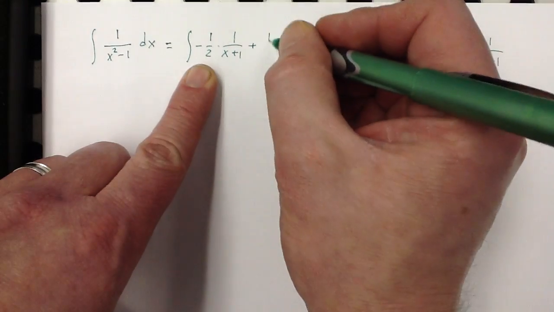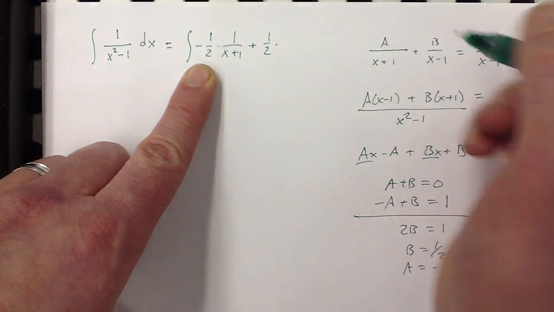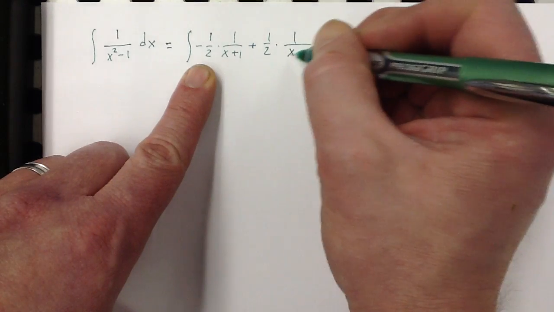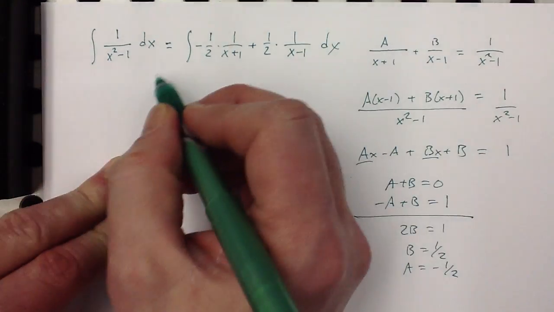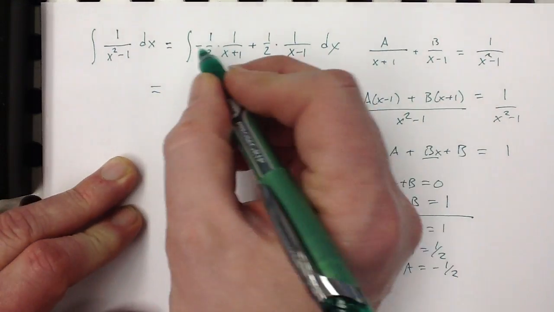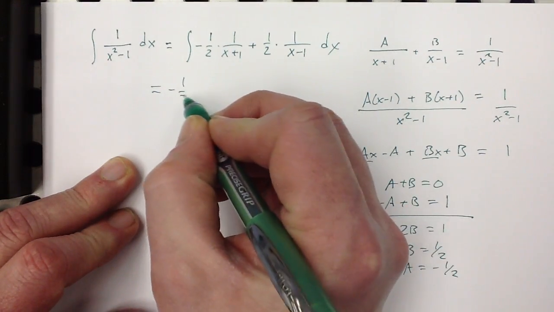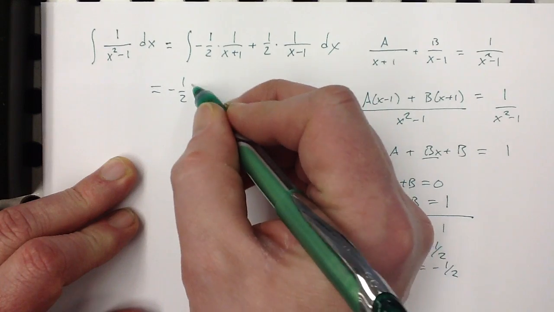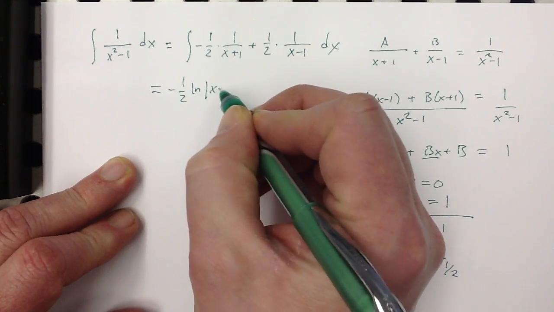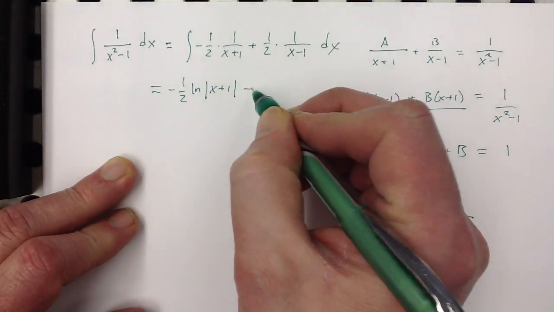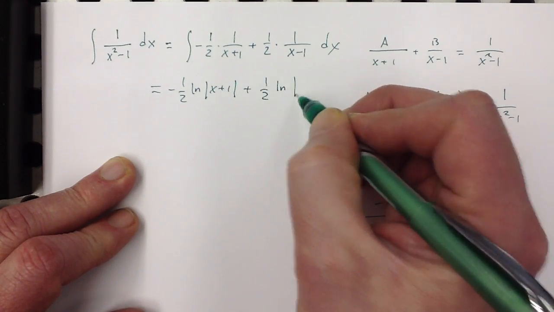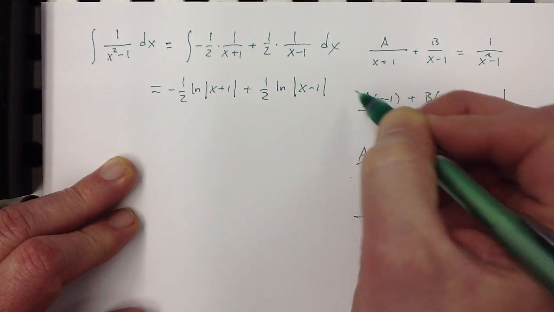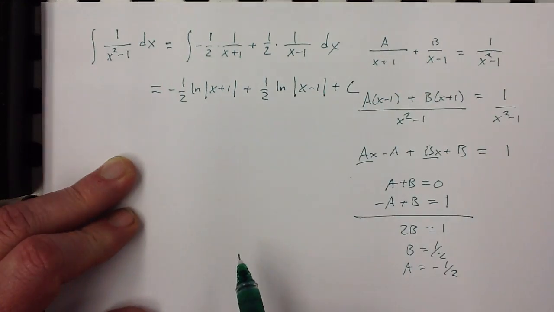And then b times 1 over x minus 1. And then taking the antiderivative, just bring the fractions out to the front. The antiderivative of 1 over x plus 1 is the natural log of x plus 1, plus 1/2 natural log of x minus 1, plus c.